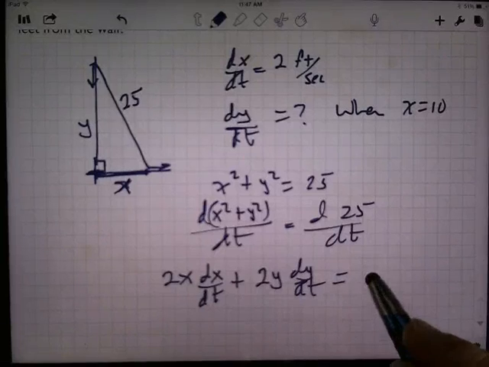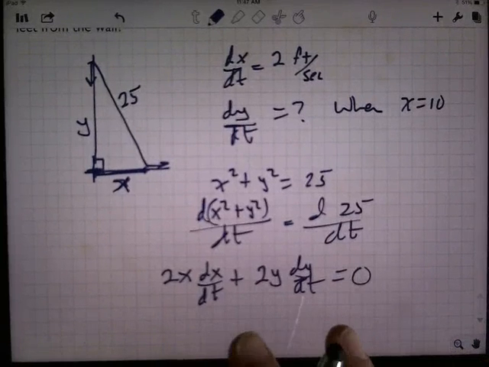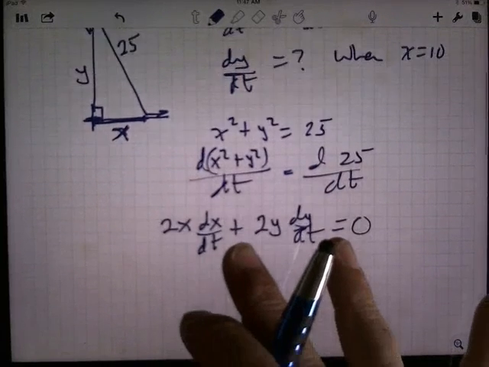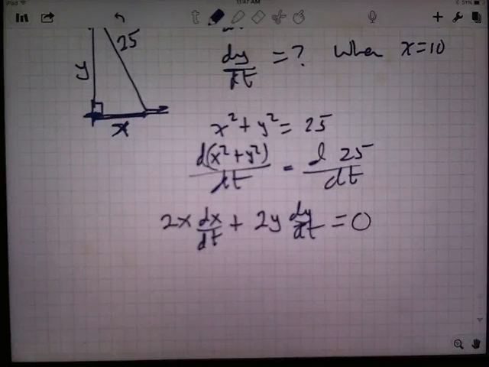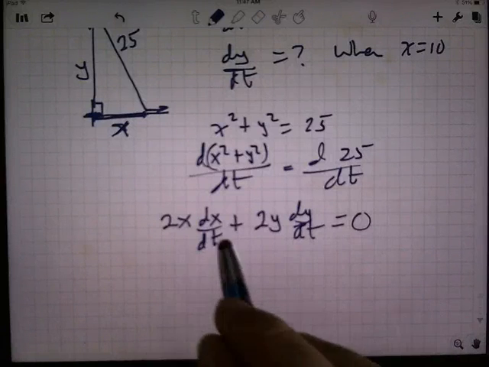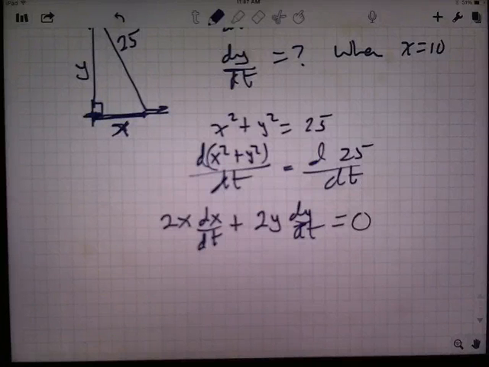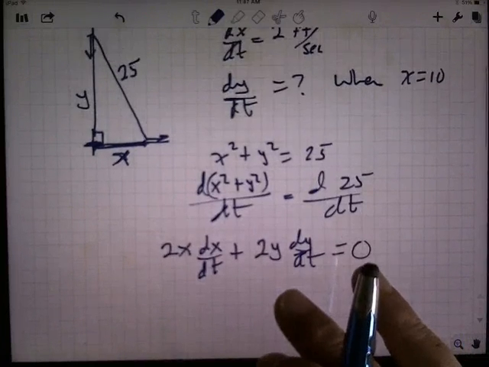And that should equal the derivative of 625, which is 0. So I started off with an equation relating x and y, implicitly differentiated with respect to t. I now have an equation that relates dx/dt and dy/dt. I need to plug in everything I know and solve for the one I don't. So let's see what we have here.